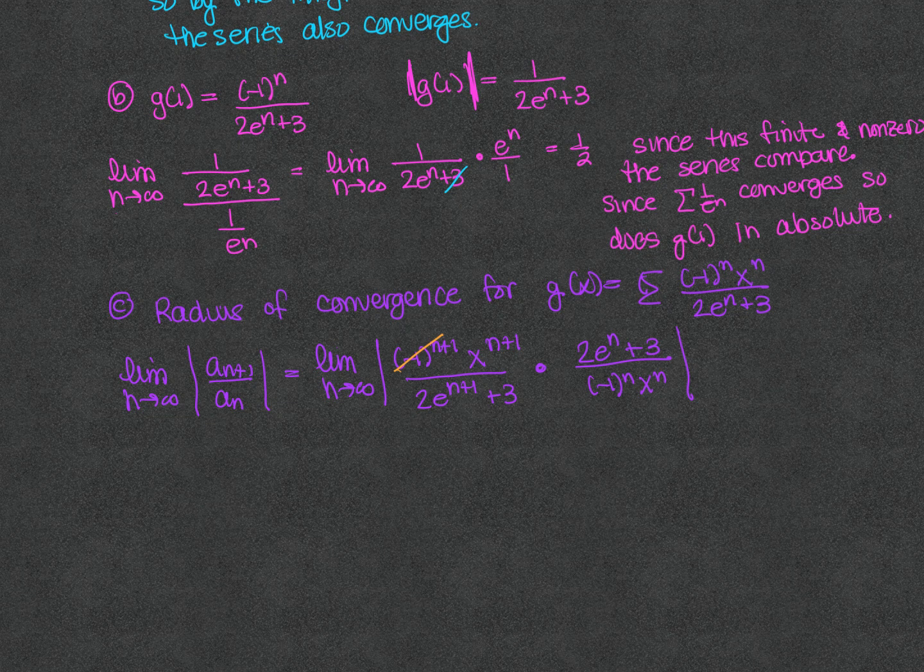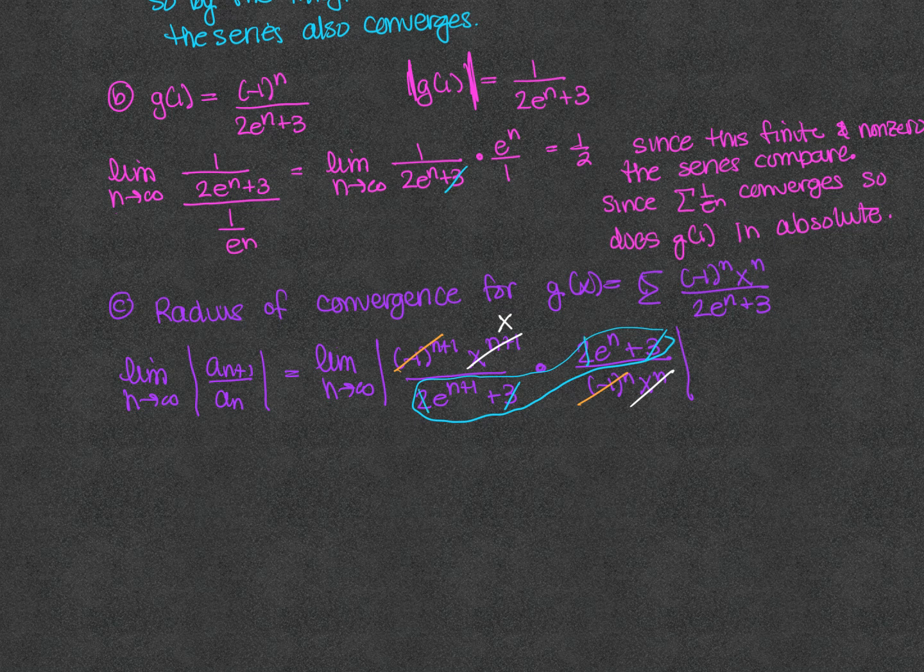This negative 1 to the n is in absolute values, so it doesn't mean anything. I have an x to the n on the bottom, and an x to the n plus 1 on the top, so I have one extra x up here. Now looking right here, I really cannot cancel out those e to the n's. But if you're thinking about infinity, these 3's really don't mean anything.